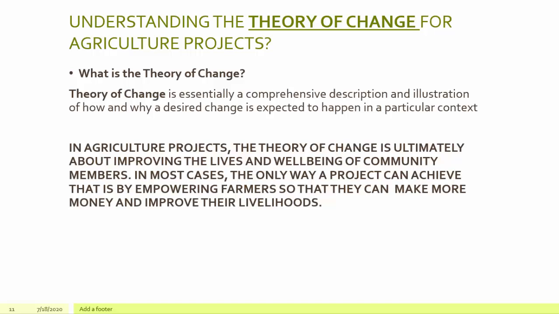These projects have been designed in a way that they want people's lives to change, people's livelihoods to improve. When we talk of livelihoods, we are simply saying that a person's life should be satisfying. They should have access to better living conditions, better housing, better food nutrition, all those things.